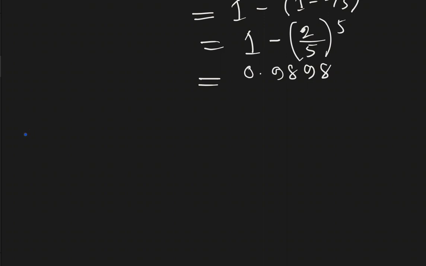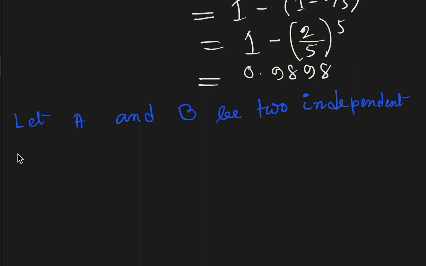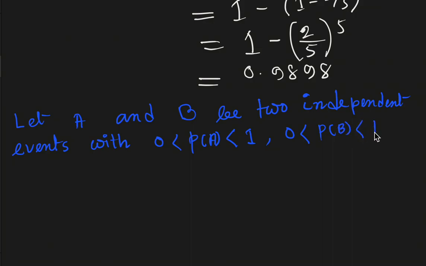Question number 6: let A and B be two independent events with 0 < P(A) < 1 and 0 < P(B) < 1.